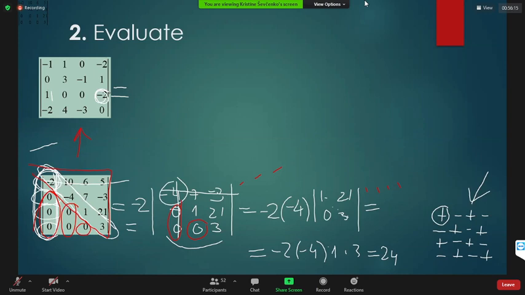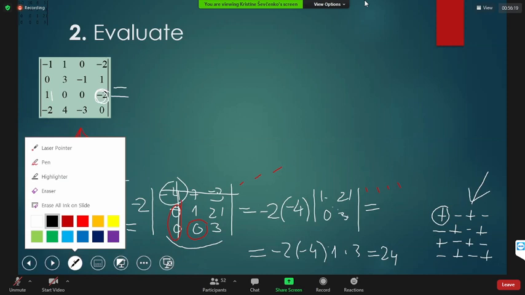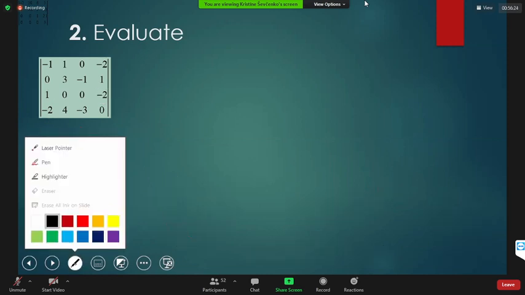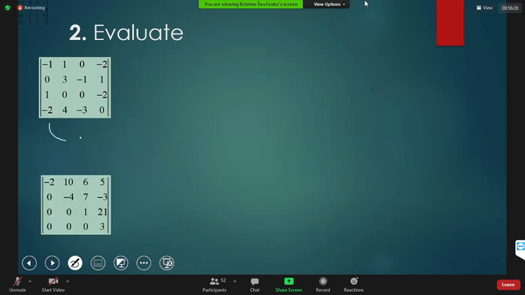In other words, if I multiply the first column by 2 and add it to the fourth column. Why is that? That's because I want to make a 0 there. I want to make many zeros in one row. That's my trick, or that's my secret.